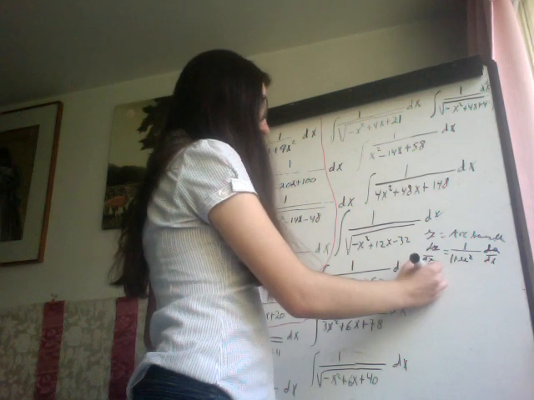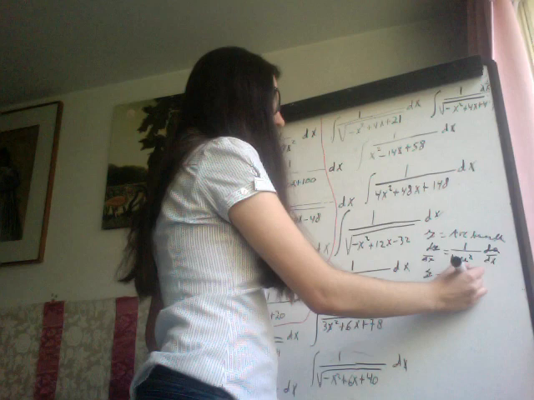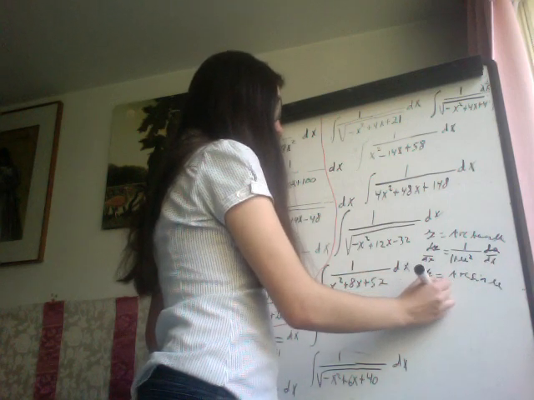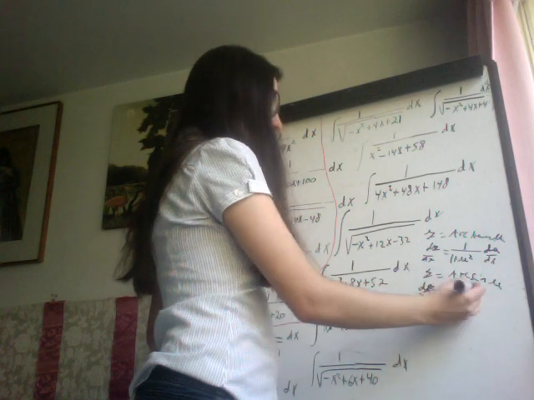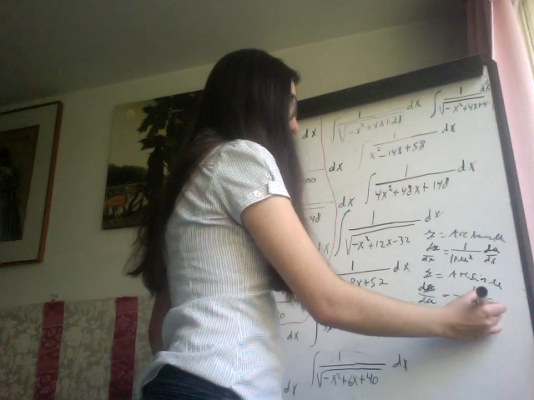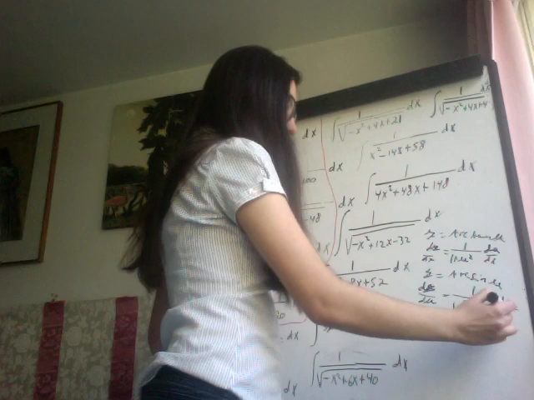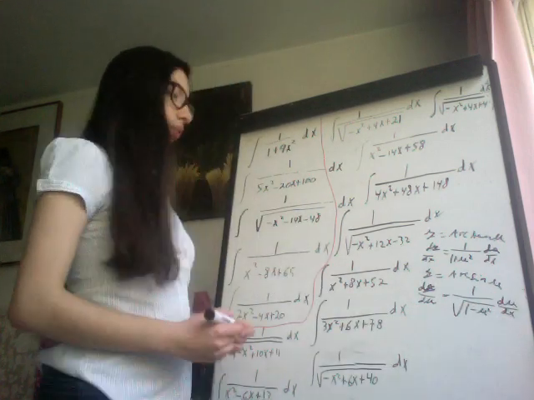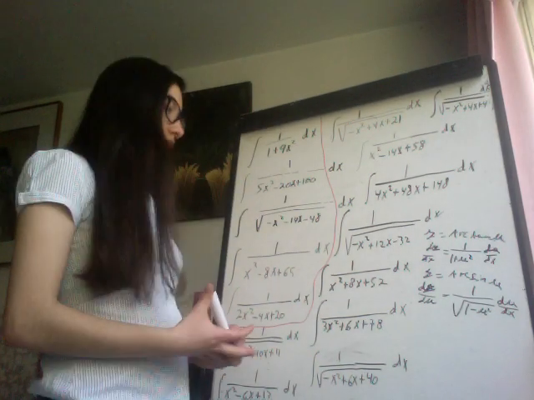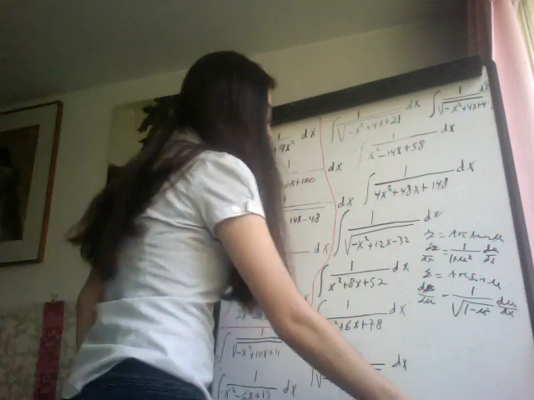And the same for y equals arcsine of u: dy/dx will be 1 divided by the square root of 1 minus u squared times the derivative of u with respect to x. So when we are completing the square, we want to see the appearance of one of these in these integrals. Alright, so let's continue.